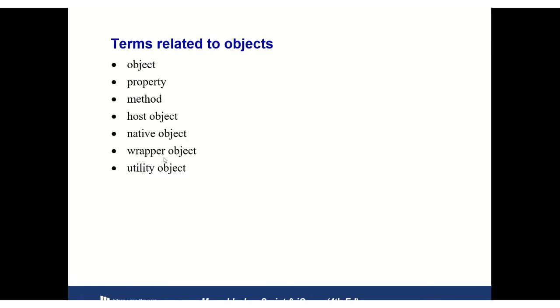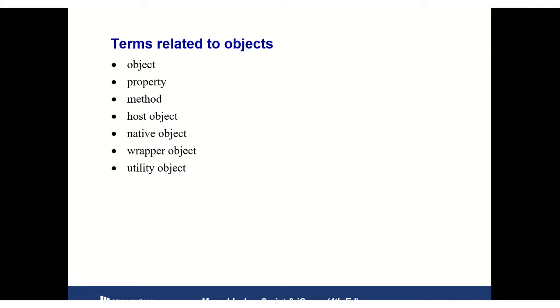So what we have learned here, basically, are some terms related to the object: the object itself, the property, method, host object, native object, wrapper object, utility object. All those things we have learned here. Examples of the host objects are provided within the browser environment.